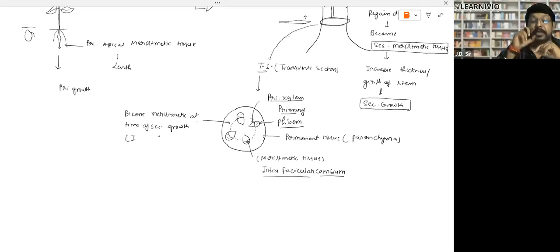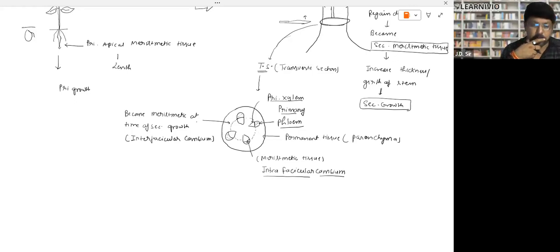Because they are present between two vascular bundles, we call them interfascicular cambium. Interfascicular cambium. Guys, did you get my point? What are interfascicular cambium and intrafascicular cambium? Got it?